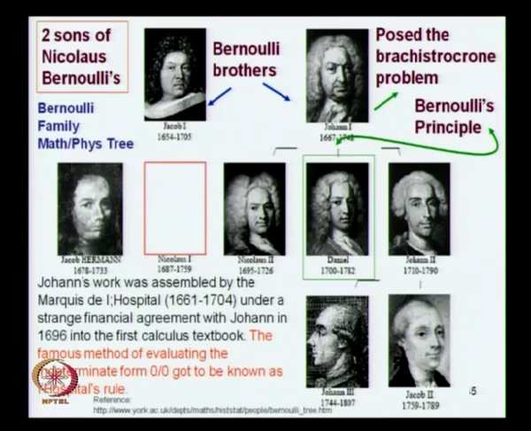This is a very famous theorem in differential calculus. When you take the derivatives, if you have an indeterminate quantity, you can take the derivative of the numerator and divide it by the derivative of the denominator, and then from that ratio you can get the quantity which originally you believed was indeterminate.